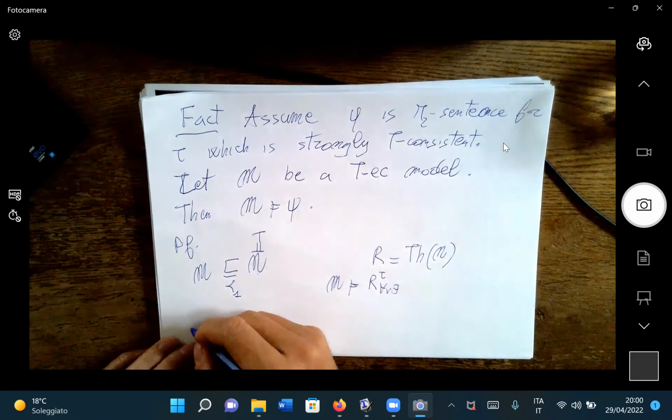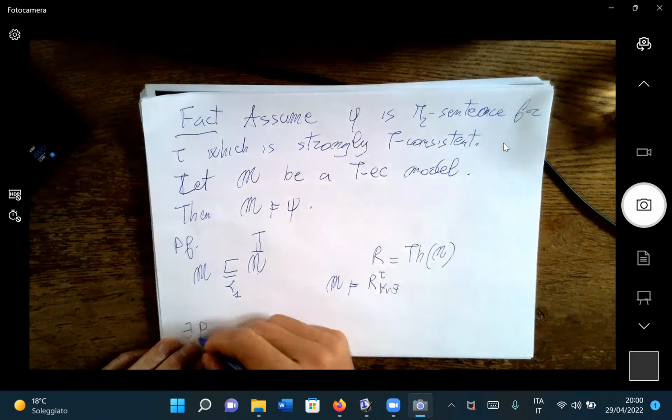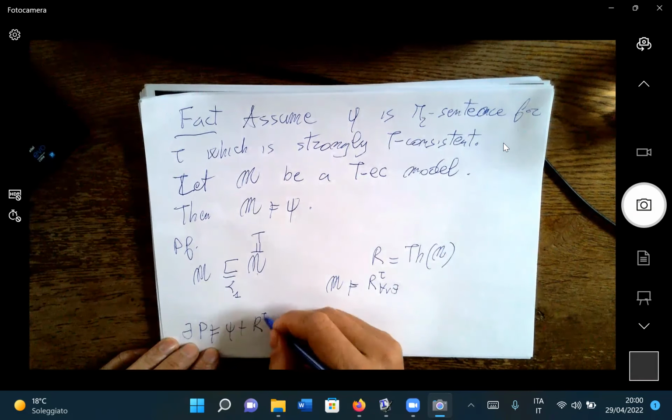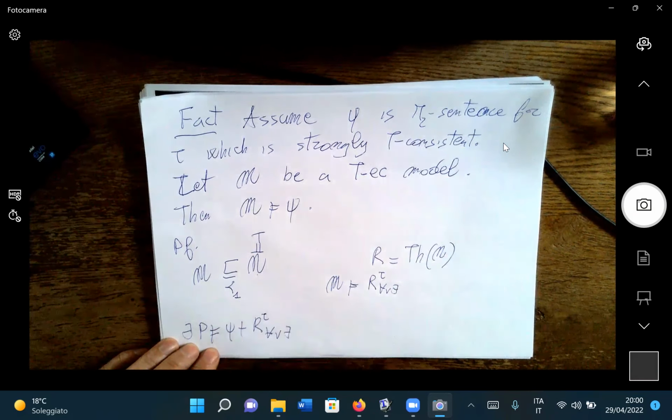This means that there exists a P, which is a model of C plus R tau for all well exist.